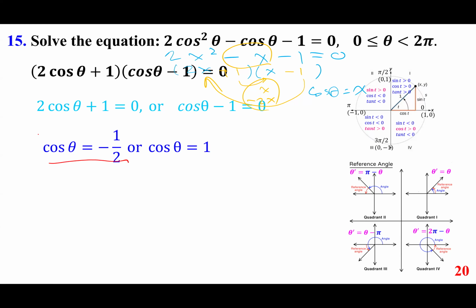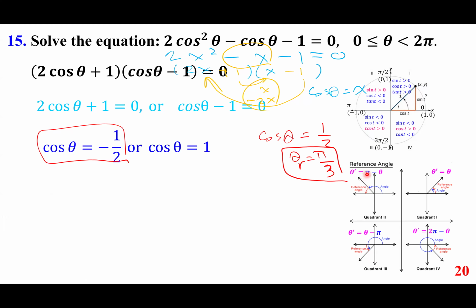When you have a case like that, go with the reference arc: cosine theta equals 1/2 and theta is pi over 3. This is your reference arc, everybody. Now you want this to be negative. Just figure out which quadrant gives you a negative cosine. Cosine is negative in the second and third quadrant.